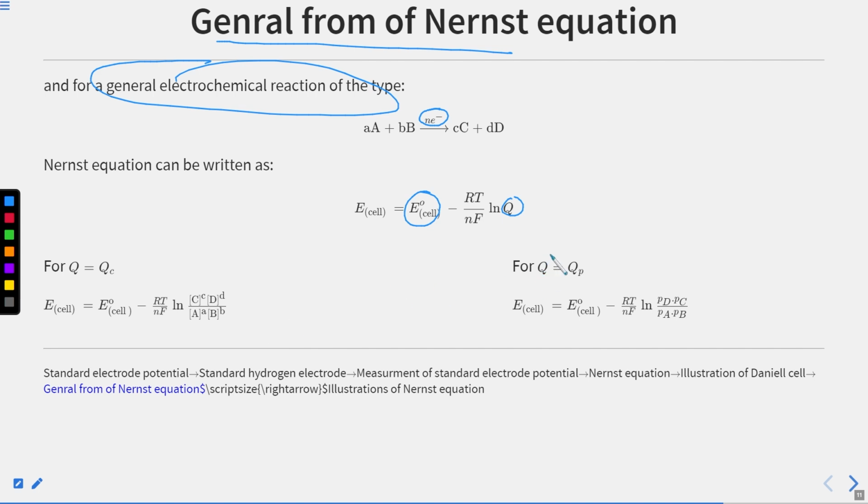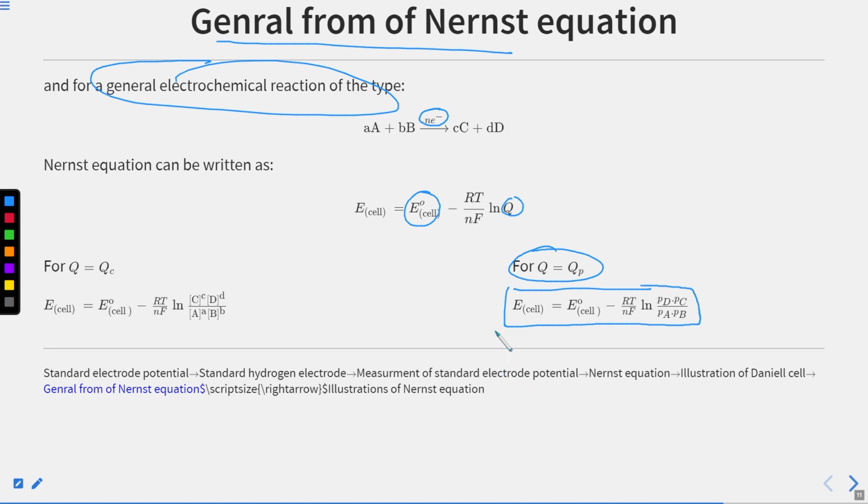Now if you write it in terms of pressure, suppose all of the species involved are gases, then E cell is equal to E0 cell minus RT by nF ln of pressure of C multiplied by pressure of D divided by pressure of A multiplied by pressure of B. So this will be our equation in case of gaseous species.